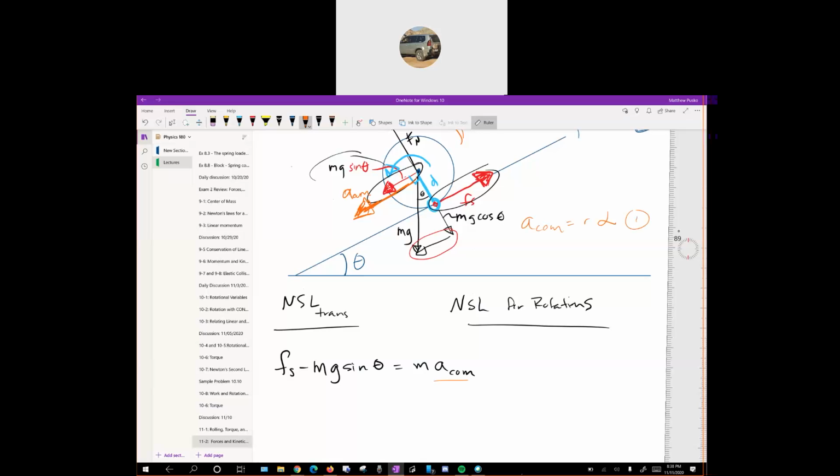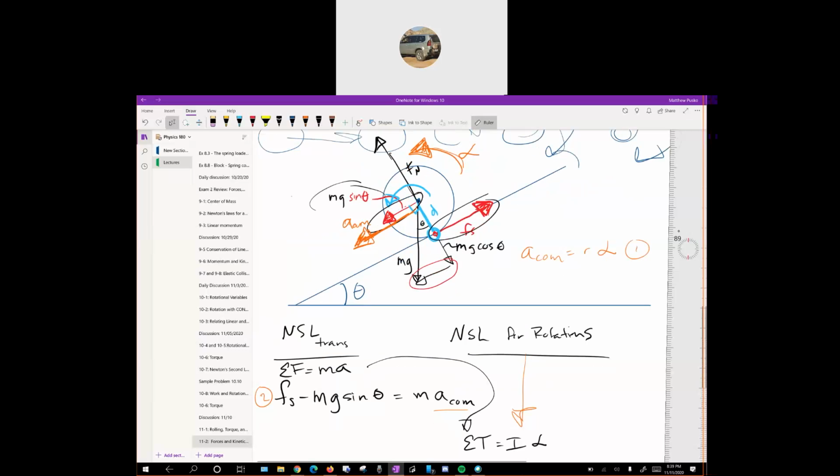This will be one equation we need. This is two equations we need. Let's do Newton's second law for rotations now. Newton's second law for rotation says that the summation of the torques is equal to I alpha, the moment of inertia times the angular acceleration. Remember, this is the summation of the forces is equal to mass times acceleration. This is the analog for rotations.